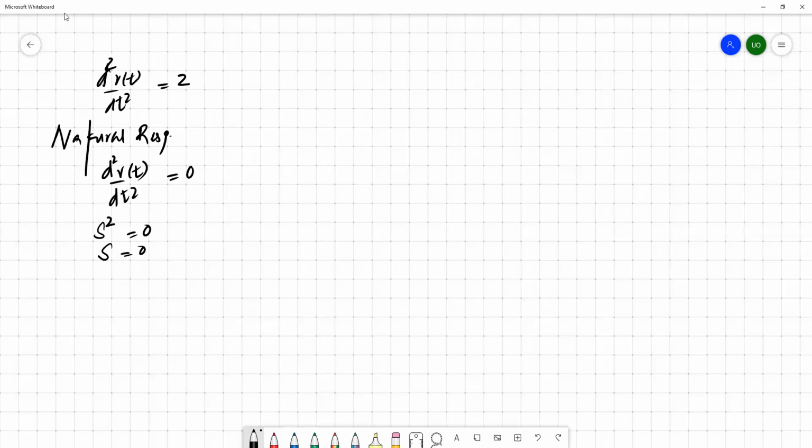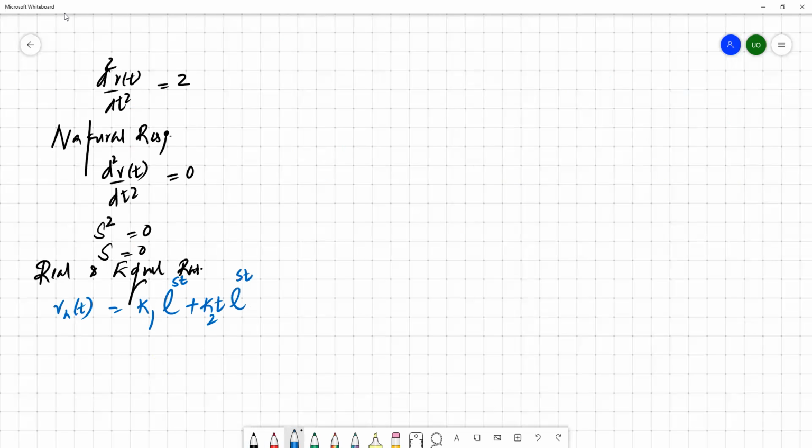For this particular case, we have real and equal roots. We know that if we have real and equal roots, the natural response would be k1 e to the power st plus k2 t e to the power st. Now s becomes 0, so this response simplifies to k1 plus k2 t. This is the natural response.